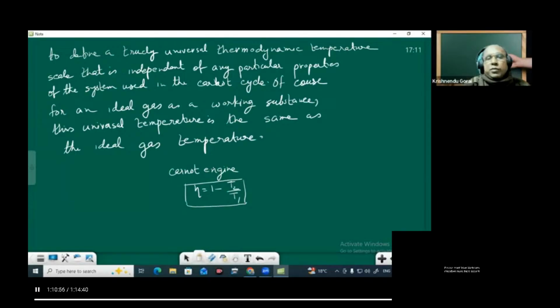And we need the second law of thermodynamics to explain all the natural phenomena of the universe. And you see here what we get at the end, of course, for an ideal gas as a working substance, the universal temperature is the same as the ideal gas temperature, right? That is, what is the thermodynamic scale temperature? It is Kelvin. This one, capital T. So we'll get all these things, Carnot engine also, right?